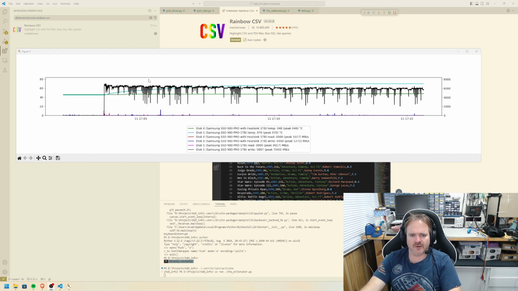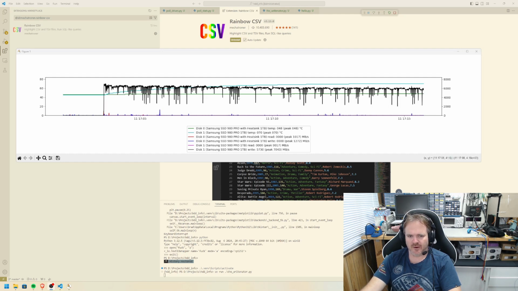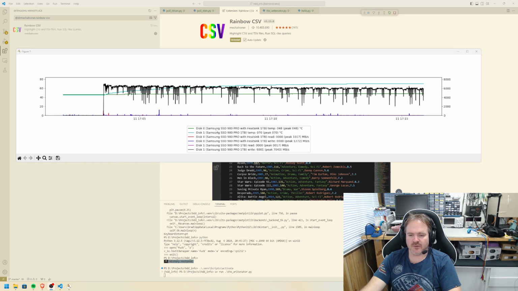It certainly looks like this has been trending down, but it could just be almost an optical illusion. It does look like it has come down. Comparing it to the temperature of disk 1, disk 0, which has remained very constant throughout this entire process.